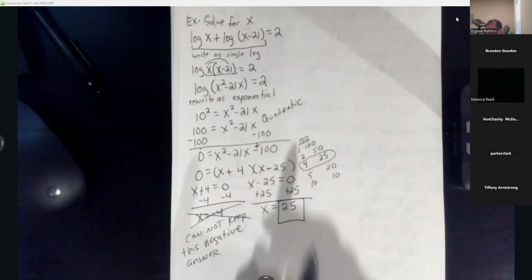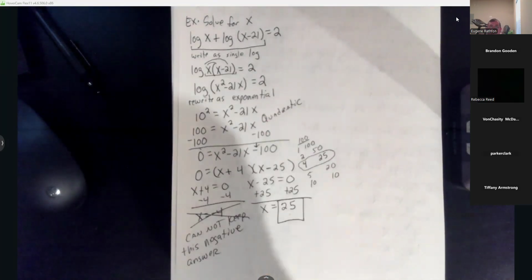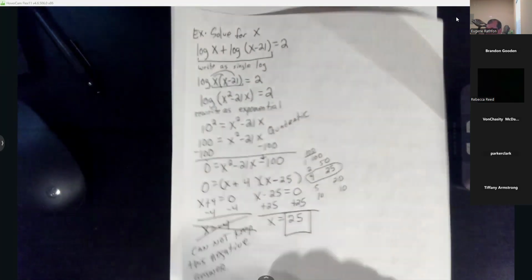Notice this one we had two logs on the left side, so we made them a single log. The next one I do, they're going to throw me logs on every side, okay? So let me fix my paper.